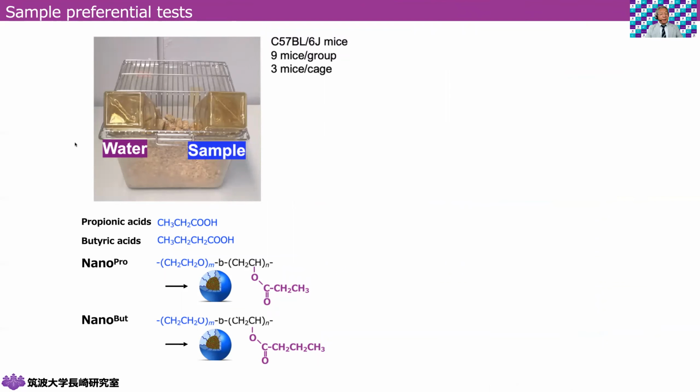Let me show you several results. We use a sample preference test. We put a water bottle and a sample bottle in the same cage and confirm which one is preferred by the mouse. Samples were propionic acid, butyric acid, nanopropionic acid, nanobutyric acid here.